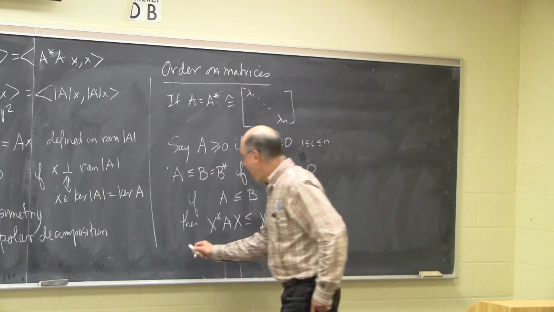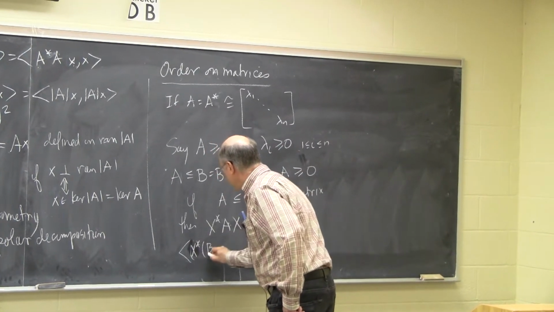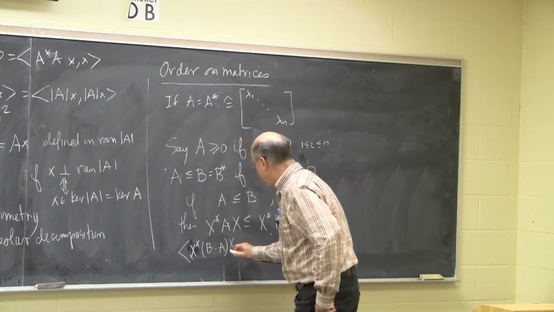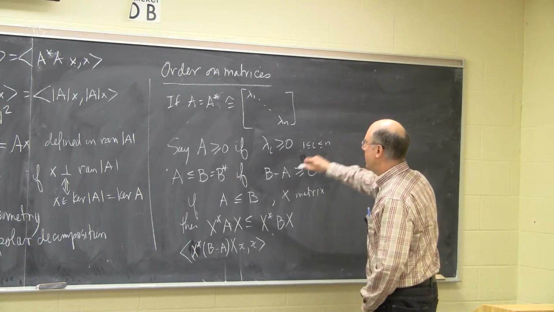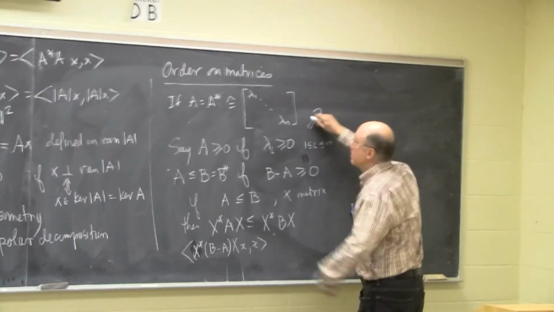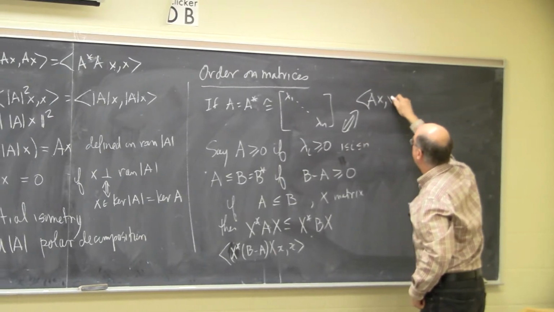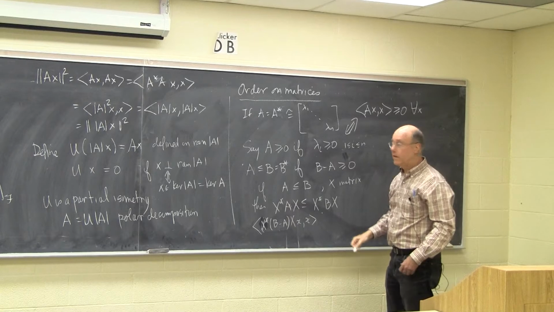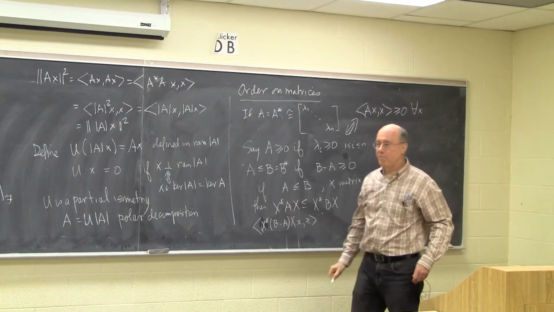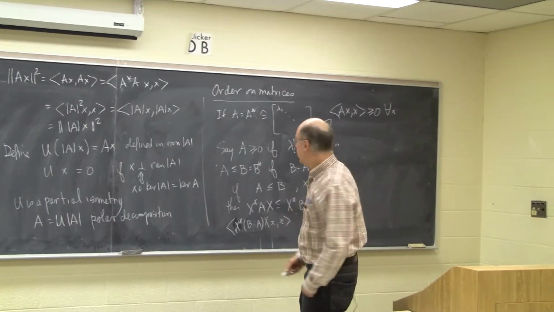That's because when we subtract them, you have X star (B minus A) X, x inner product x. So this is true because of this inequality over here, if and only if inner product of (B minus A)x, x is greater or equal to 0 for all x. Okay? And this somehow is a basis independent thing. We don't actually have to compute the eigenvalues to check that. So that's the advantage there.